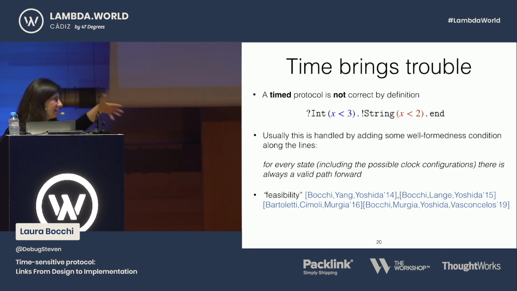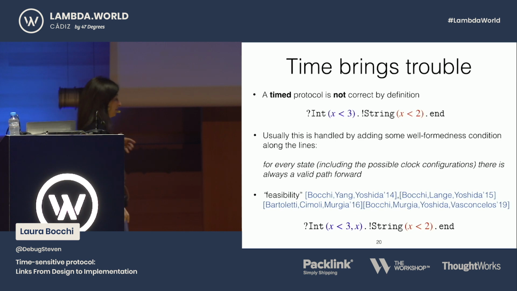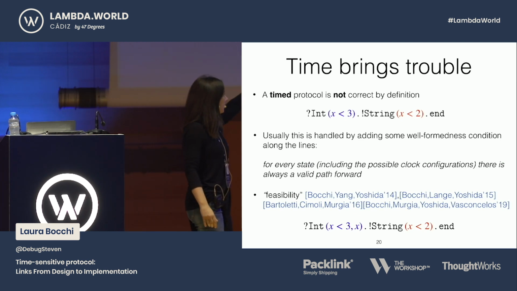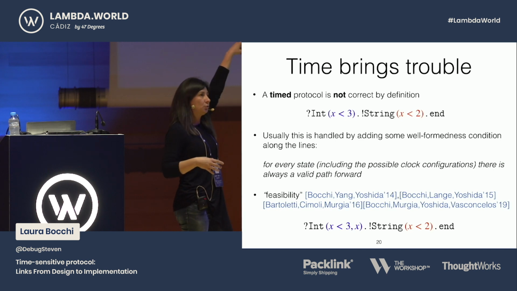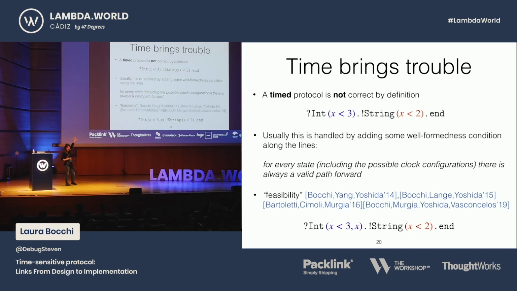And all these algorithms would agree, for example, that the protocol on the bottom here is well-formed. It is not equivalent to the one on the top, that's ruled out, but the one on the bottom is well-formed, and the only difference is that I have added this X after X is smaller than 3, which means reset X after receiving the message. So that X is set to 0, and then we can satisfy the next constraint.